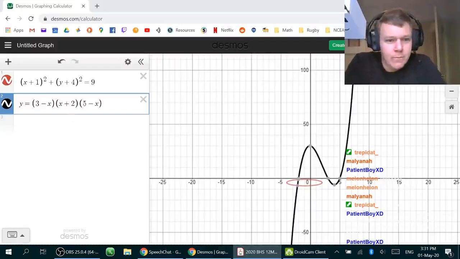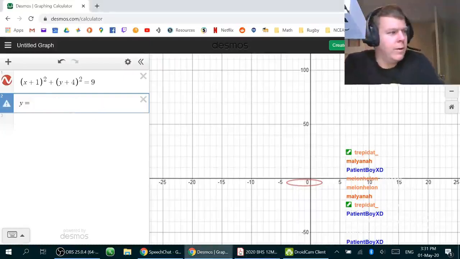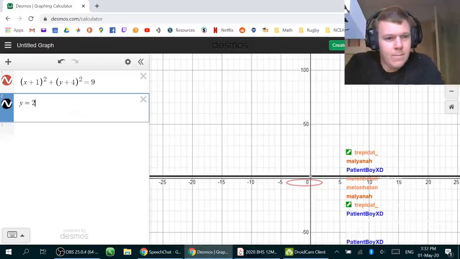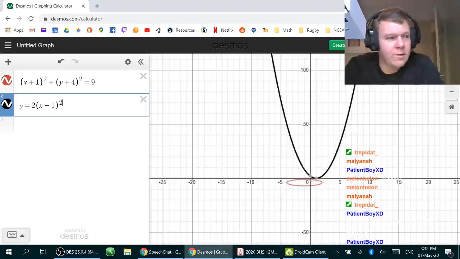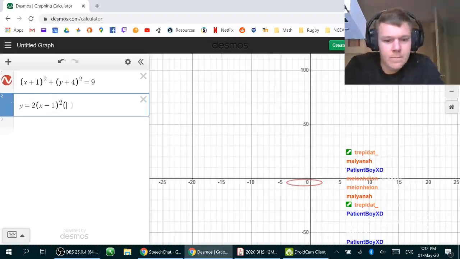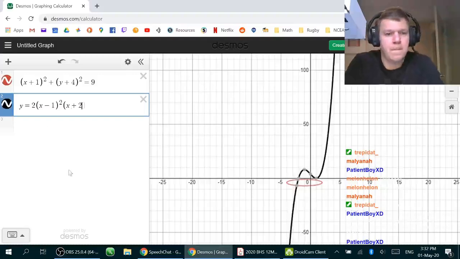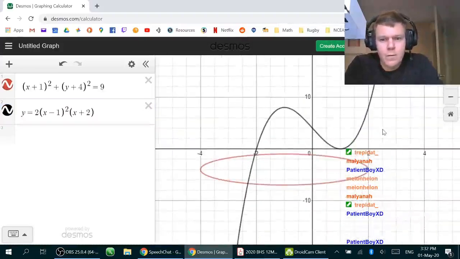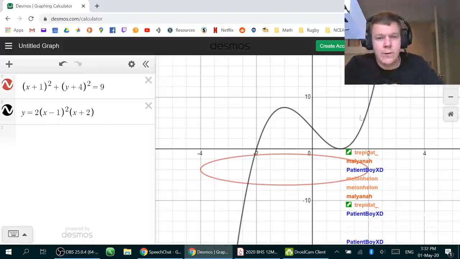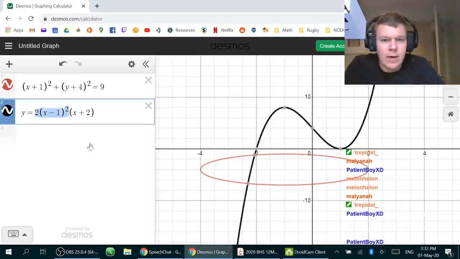Yes, this is 1D, and this is an interesting cubic because we've got this part.